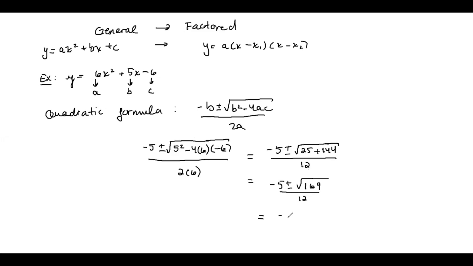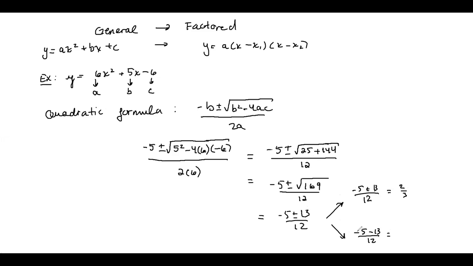From this we have two values: minus 5 plus 13 over 12, and minus 5 minus 13 over 12. That's 13 minus 5, which is 8, divided by 12, which simplifies to 2/3.